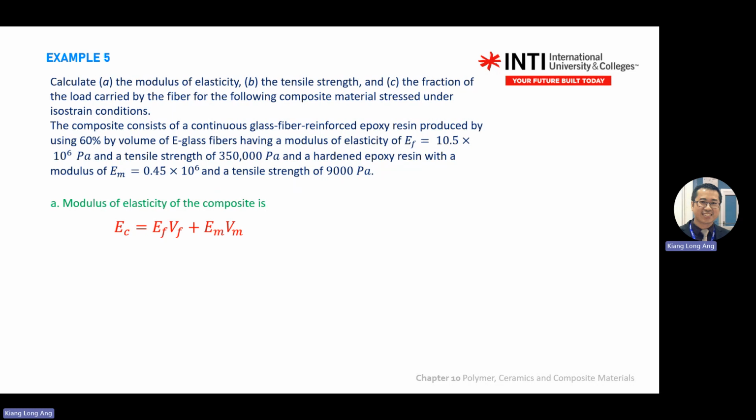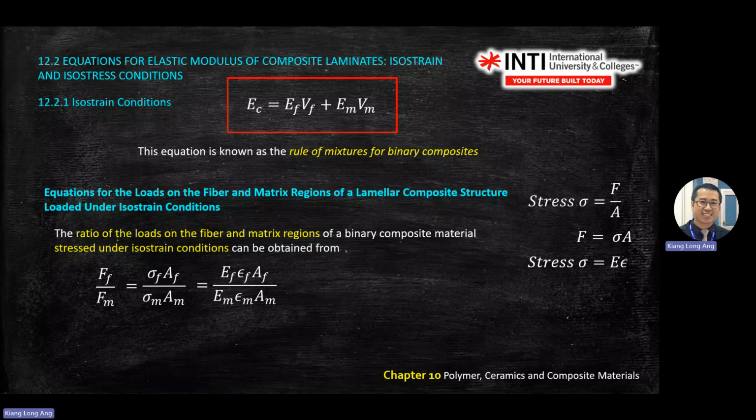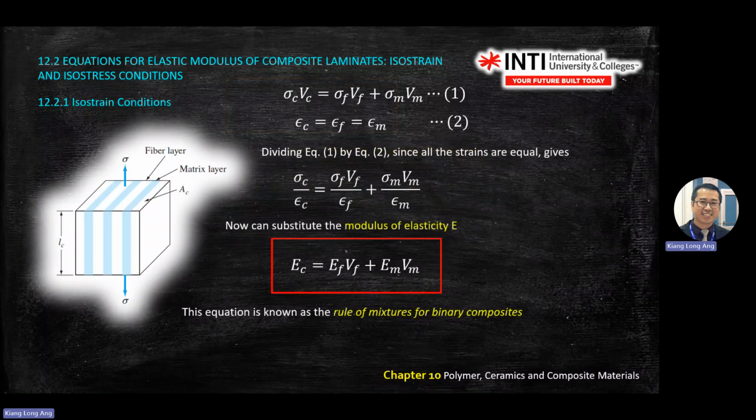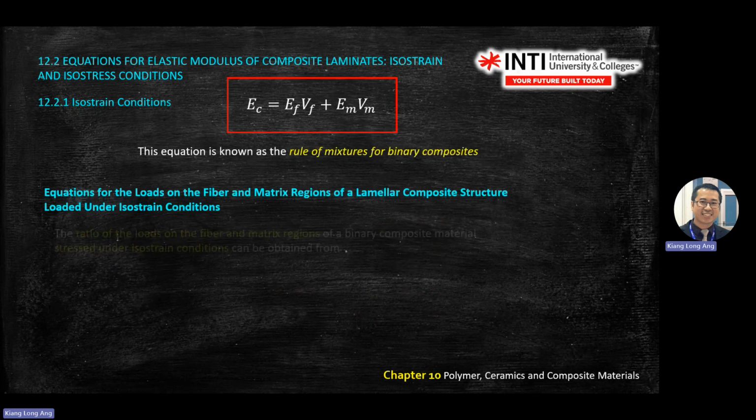You need to refer back to the previous lecture, how we derived that one. Now, it's always good to draw something in your answer. For example, this is the isostrain condition. Try to draw this diagram in your answer so that you can visualize what you are actually doing.